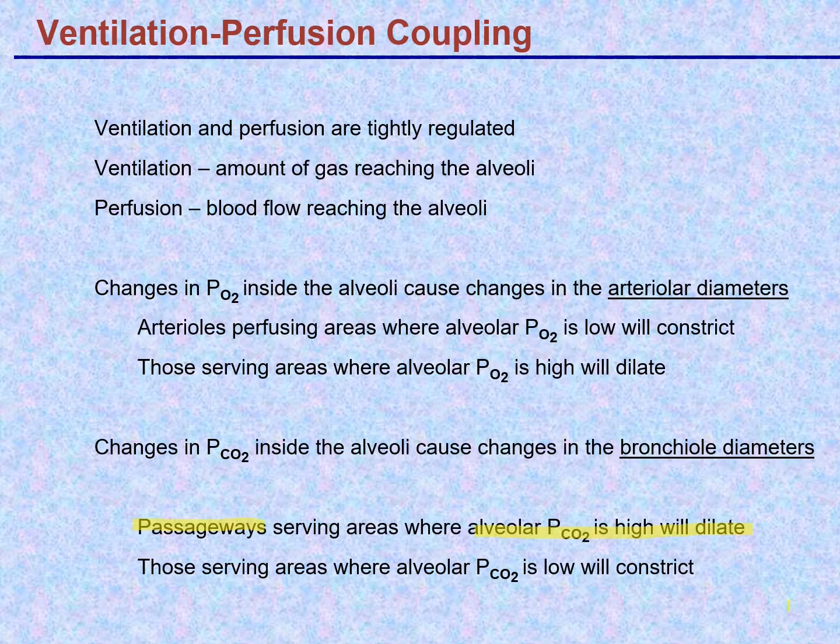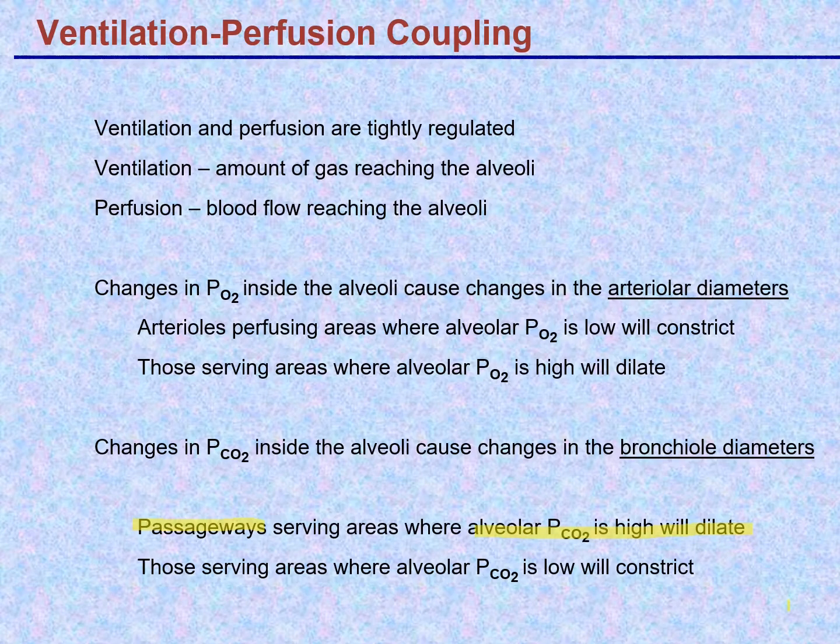So this is a way of increasing ventilation in an area that is clearly not ventilated adequately, as shown by the increased PCO2. If there's an area where alveolar PCO2 is low, that means it's in fact getting ventilated more than it needs to be, and that will trigger a constriction of the bronchiole.